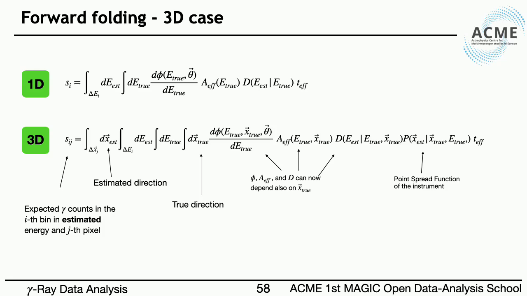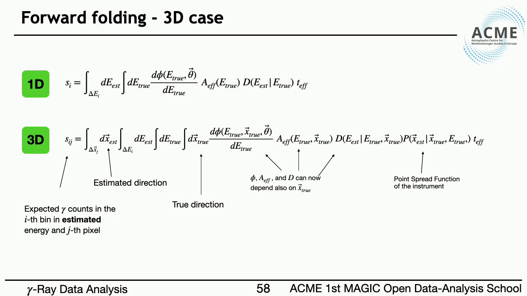And as you can see here in this expression, P depends not only on the true direction, but also on the true energy. This is because, as we already said in previous slides, at low energy, showers produced by gamma rays give fewer Cherenkov photons. So images in the camera of your imaging atmospheric Cherenkov telescope are faint, noisy, and small. And this makes the direction reconstruction less precise.